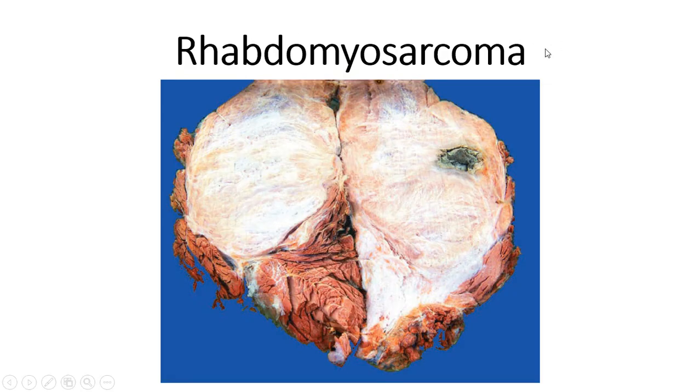Rhabdomyosarcoma means a malignant tumor originated from the supporting cells that are not categorized as epithelia. This is the tumor here, and this is the necrotic part of the tissue due to the tumor invasion.